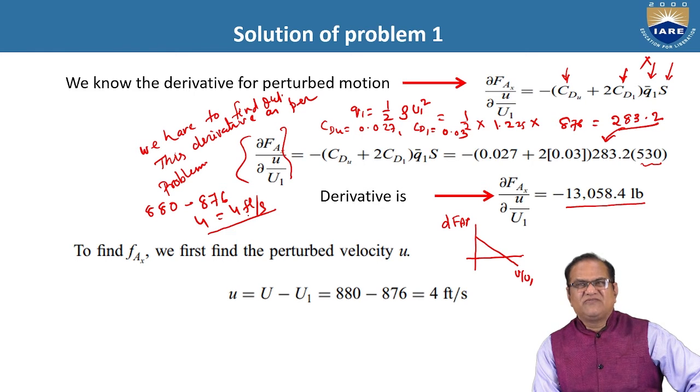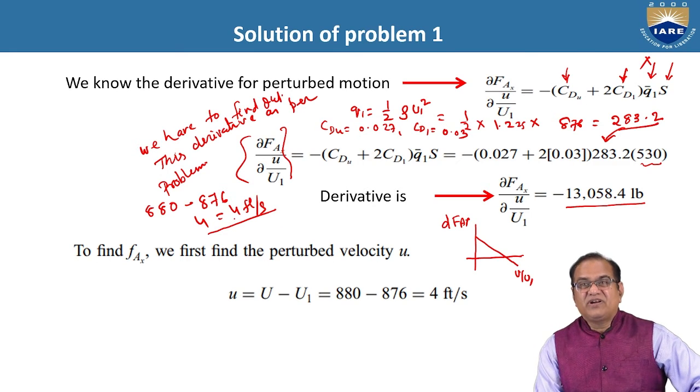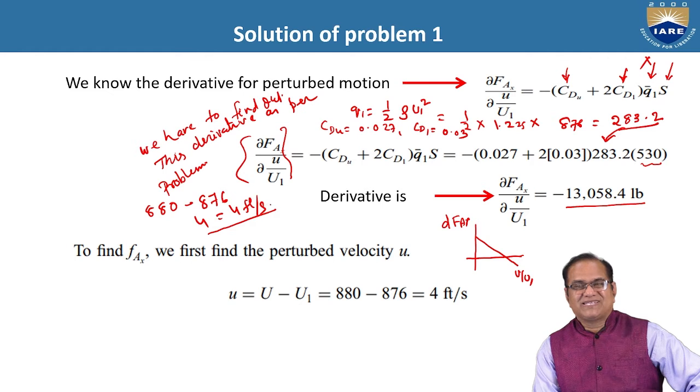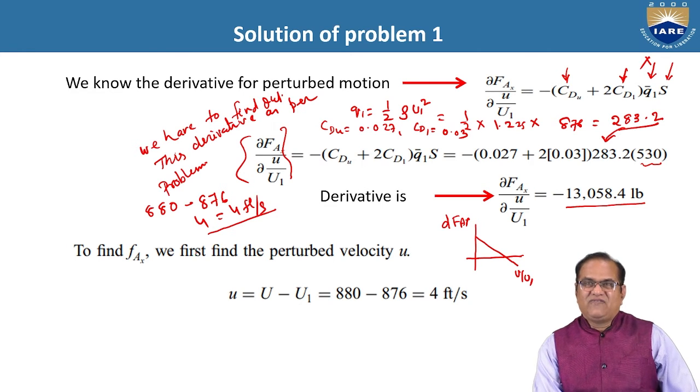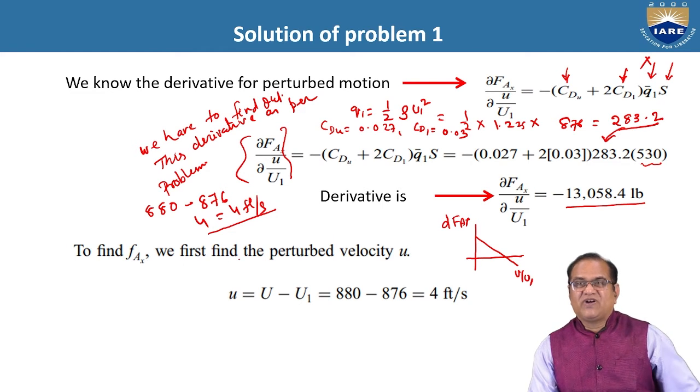This velocity is very small compared to 880, so it is a perturbed velocity. To find Fax, we first have to find the perturbed velocity u. So how do we find this perturbed velocity u?